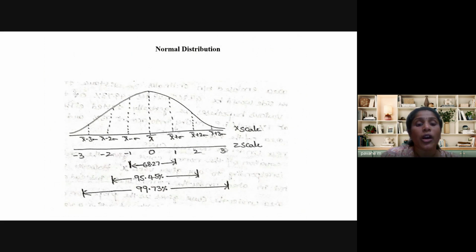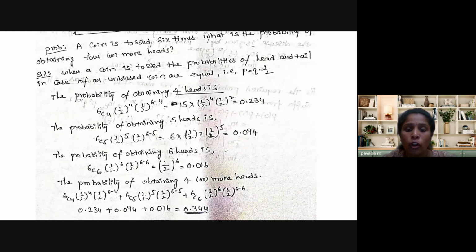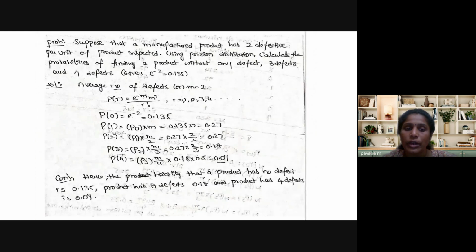And now normal distribution. As I already told you, normal distribution is a continuous distribution. You are not taking any specific value, because in Poisson's distribution the answers are exact numbers, like 0.09, and in binomial also, 0.344, 0.0616.